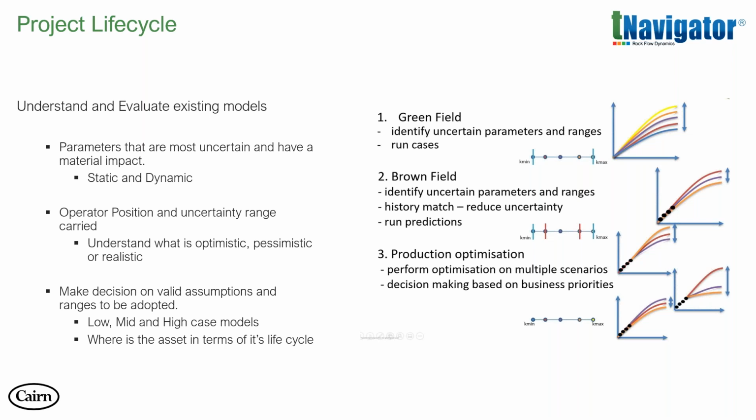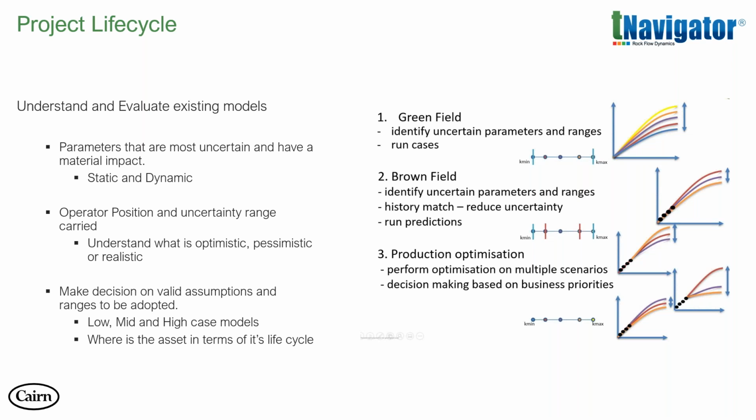I would say you have to understand that the operator position might be different to the position that your company takes in terms of uncertainty ranges, and especially, is the operator being optimistic with certain assumptions? Are they being too pessimistic?